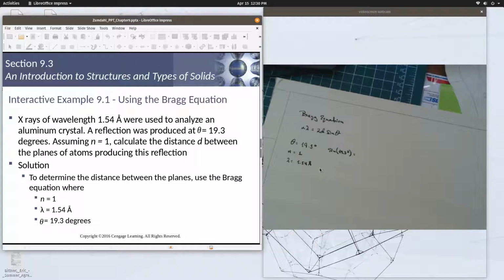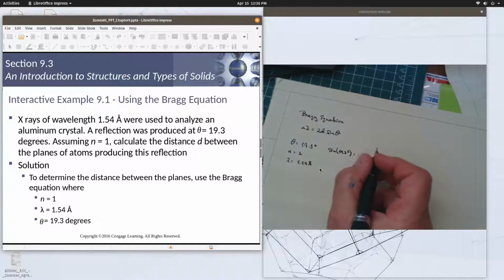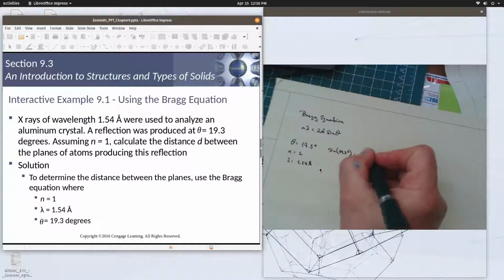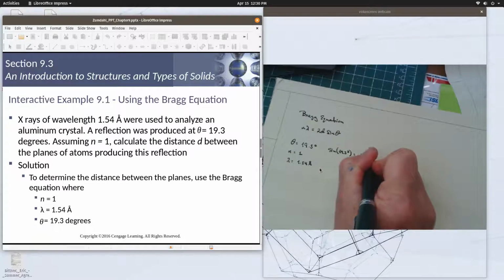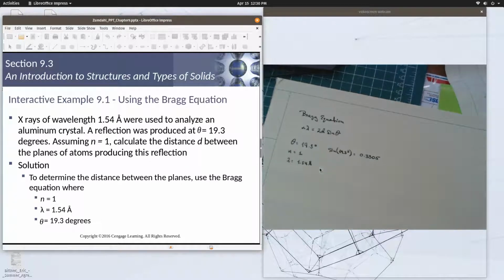An easy way to check that: the sine of 19.3 degrees is 0.3305. It's not 19.3 radians.